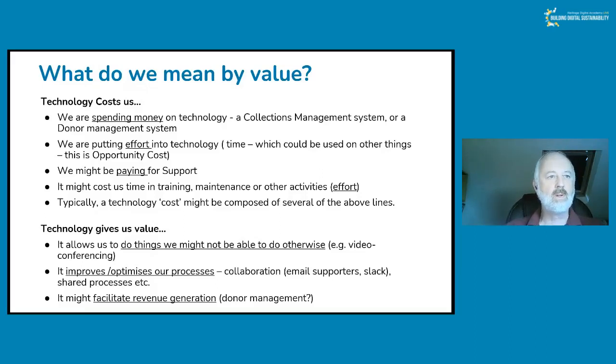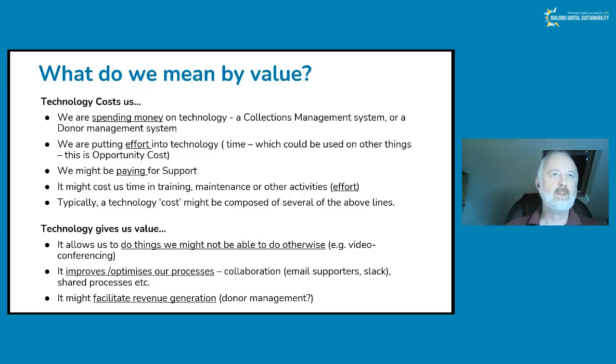But make sure you've had that thought process. So what things might you not be able to do if that technology was not there? Another thing technology gives you in terms of value is that it improves or optimizes your processes.